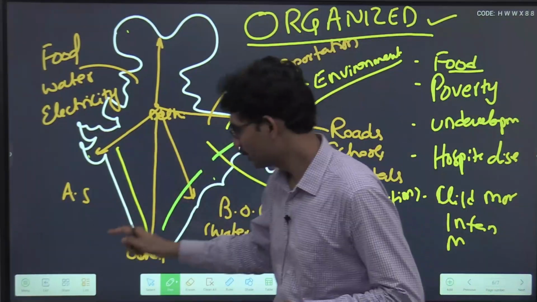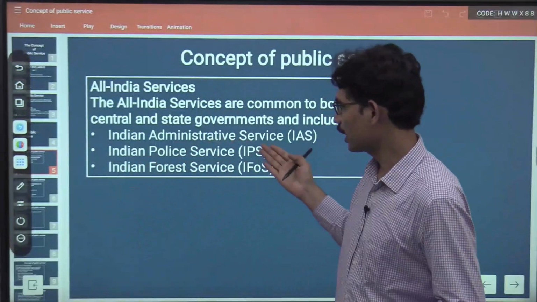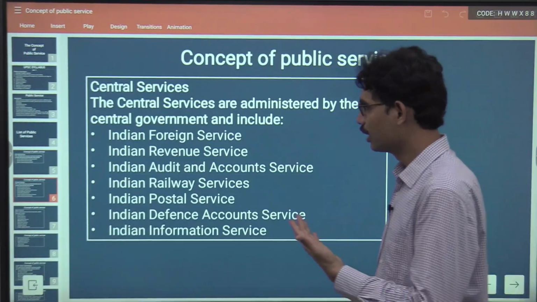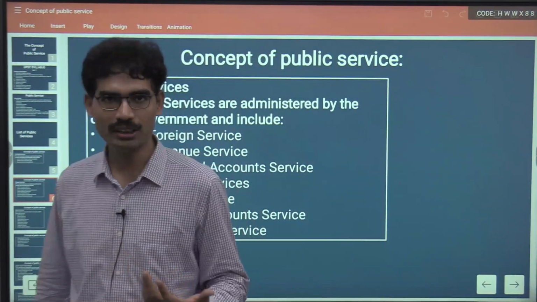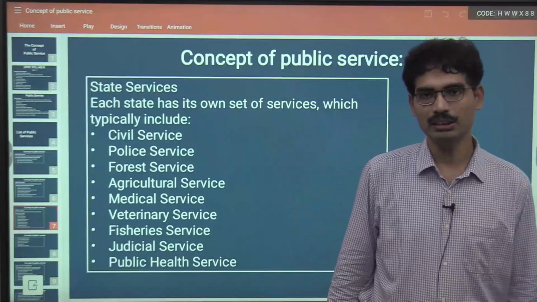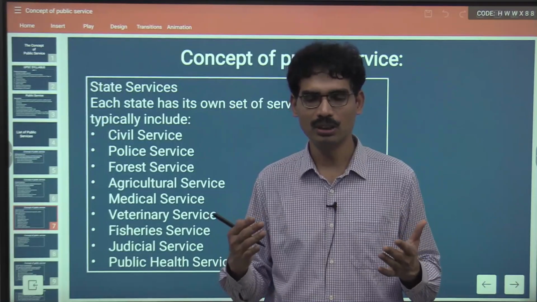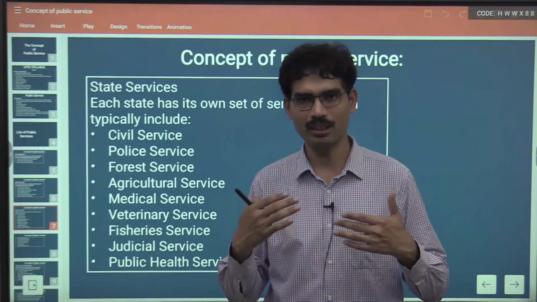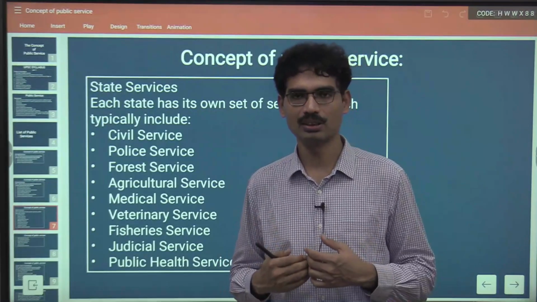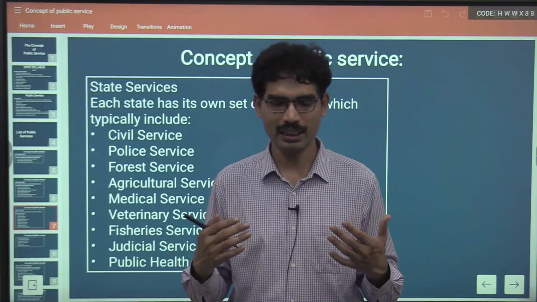Some examples in running this: police service, forest service, general administrative service, foreign service, revenue service, audit service, everywhere that service is there. When it comes to a general corporate or private job, mostly people take up their jobs for their livelihood as employment, to run their families, to educate their children and so on, as part of their salaried job.